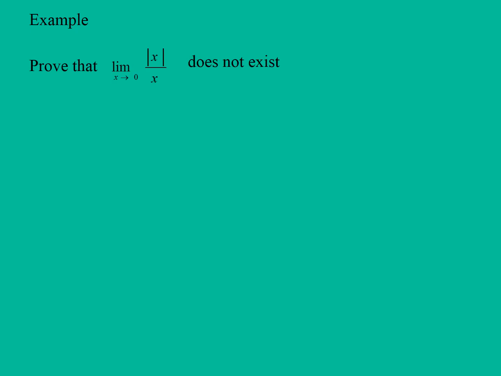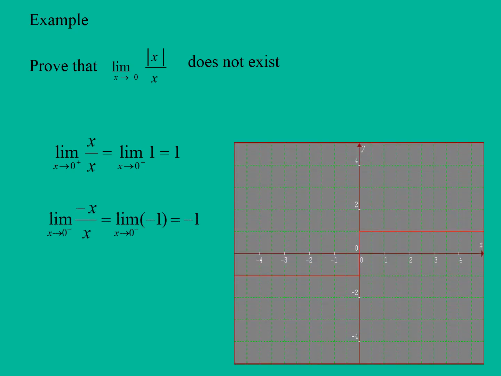Now this example says prove that this limit does not exist. We have an absolute value of x in the numerator, so we could write this again as a piecewise function. And if we wrote it as a piecewise function, we would have the absolute value of x over x equals.